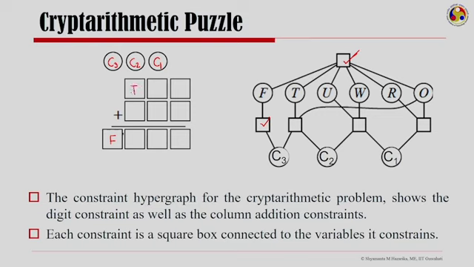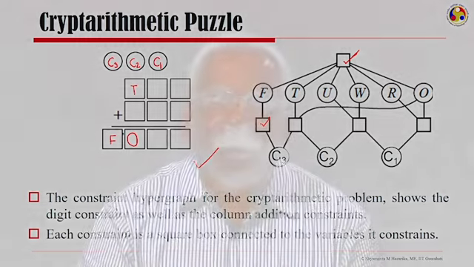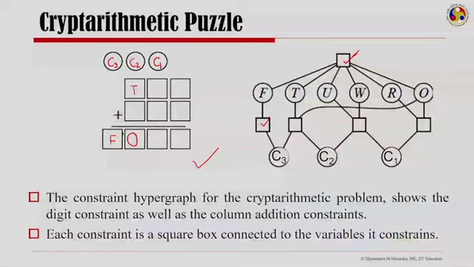Similarly, C2 as well as O here have a constraint. So, T, C2 and O have a constraint, so on and so forth. So, the constraint hypergraph for the crypto-arithmetic problem shows the digit constraints as well as the column addition constraints, and each constraint is a square box connected to the variables it constrains.